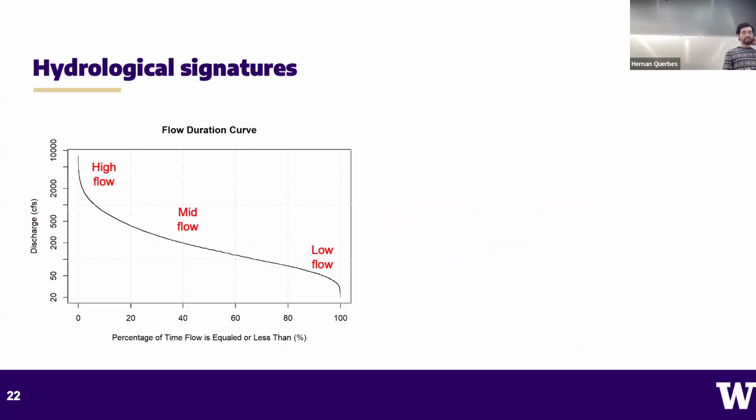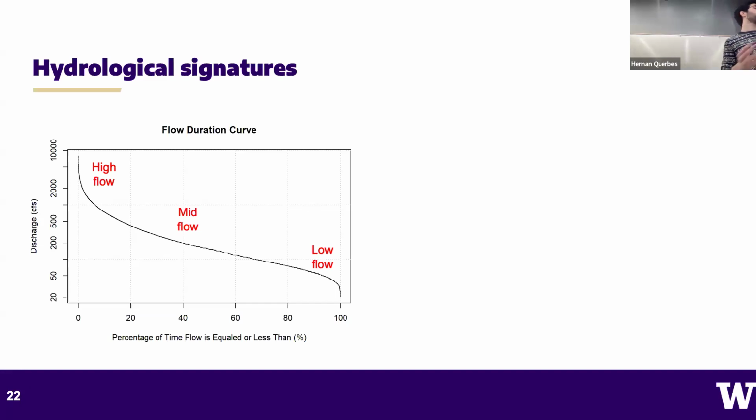Finally, we look at 3 more hydrological signatures. For this, I have to introduce this plot that's a flow duration curve. So to construct a flow duration curve, you have to have your record of streamflow and then rank them from your lowest to your highest. And that's why it's in the y-axis. And in the x-axis, we have the probability of exceeding that value. So as you can see, for low flows, the probability of exceeding that value is really high because we have a wide range of streamflow values that are bigger than that value.